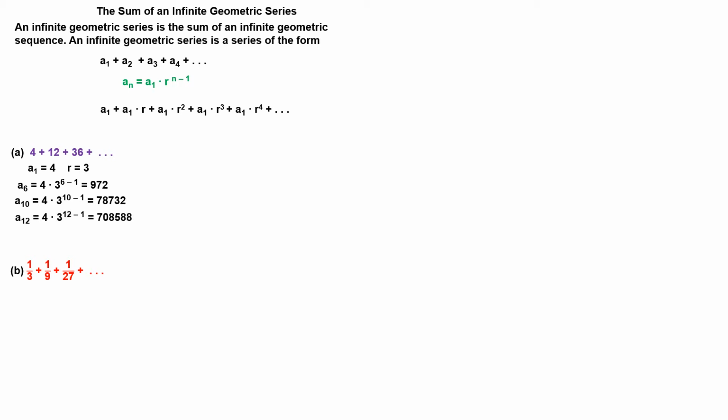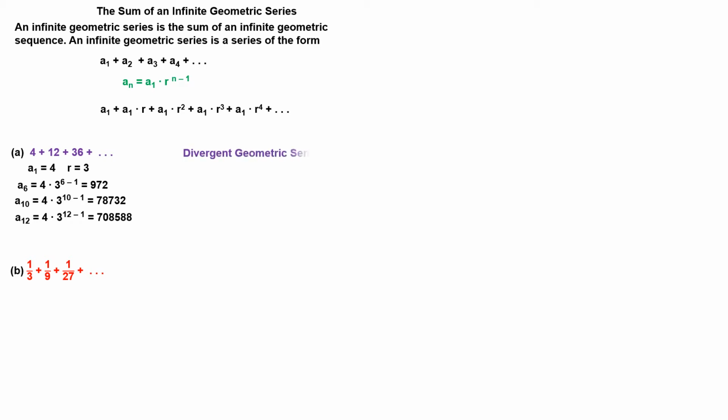We notice the greater the term number in this series, the greater the value of the term. This series would have no last term. If we try to find the sum of all terms of the series, the answer would be infinity. A series like this is called a divergent series.